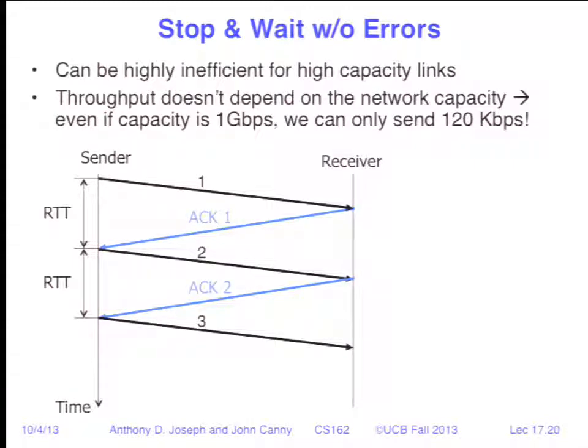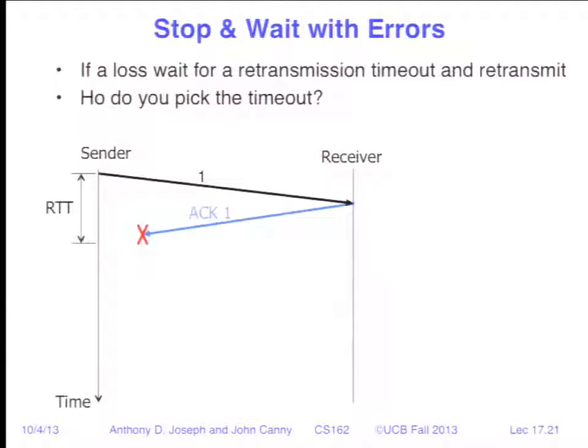So now let's add errors, make it a little bit more complicated. So we wait and don't get an acknowledgement back because our acknowledgement actually gets lost. So how do we pick this timeout? Well, we're going to want to pick a timeout that's larger at least than the round trip time.